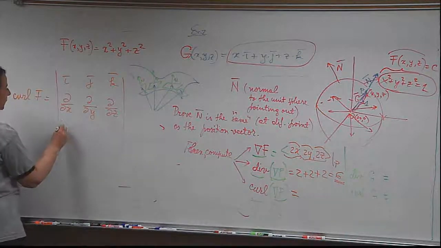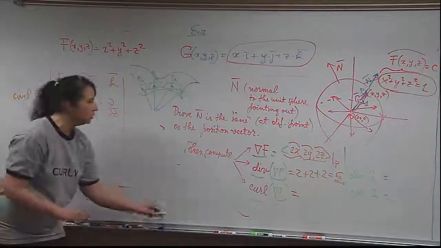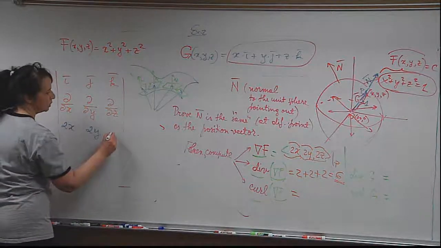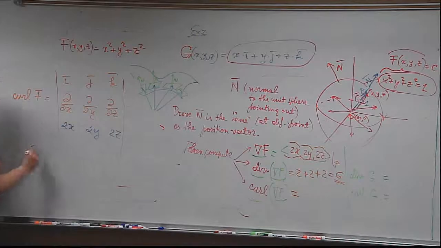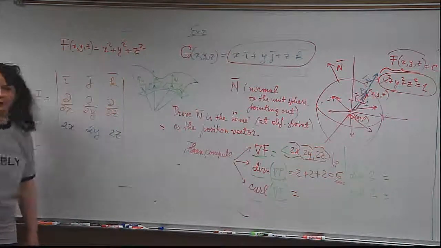And we copy and paste the three components. This goes in the trash. I'll take the blue, so you put 2x, 2y, 2z. Do you think it's going to be easy or hard? Do you see the answer? Some of you are very sharp and they see the answer.